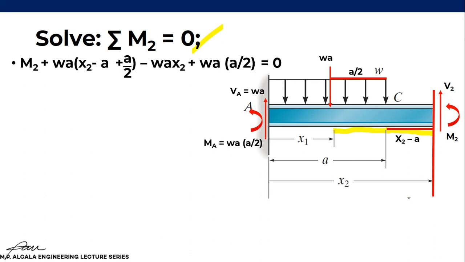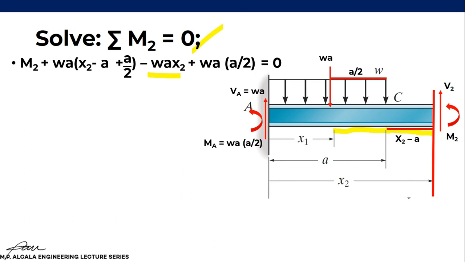Minus, what is this function? That is my original shear or vertical force from the cantilever support multiplied by the moment arm x2. And then finally, my original moment from the cantilever support, WA multiplied by A over 2, counterclockwise.